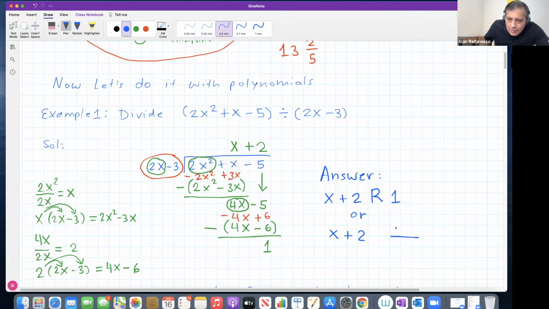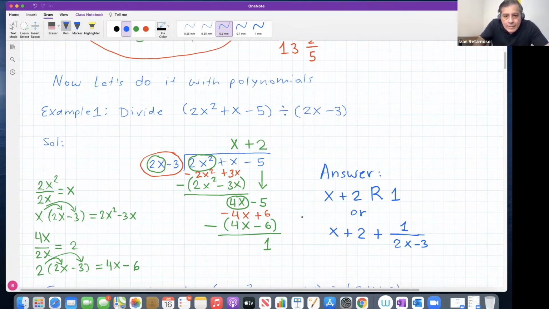The one having on the numerator the remainder 1, and on the denominator you write the divisor 2x minus 3. And this is a plus because it's a sum, right? Remember, this mixed number is 13 plus 2/3, right? So here you put plus. So quotient plus remainder over divisor. And this is a very, very common way to present the answer you will see on the multiple choice. Okay?